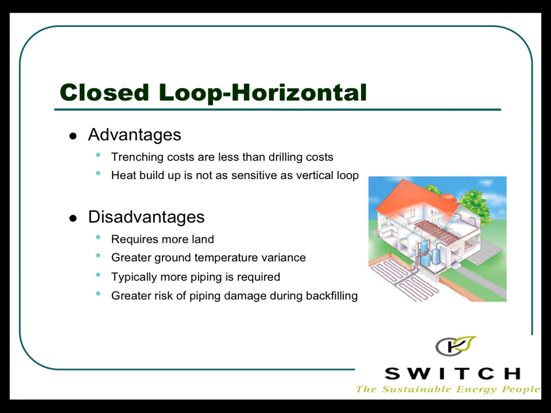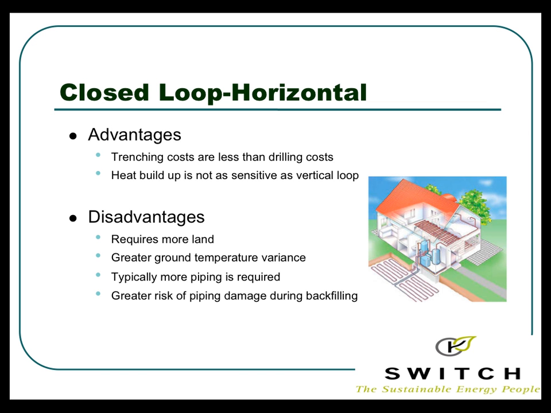Horizontal loop, we can have, of course, trenching costs less than drilling holes, right? If we're building a new home, we may already be excavated quite a bit of our lot. We might be bringing in large amounts of backfill in terms of what grading we want on the lot. So we can see a drastic reduction in the cost of the loop, okay?